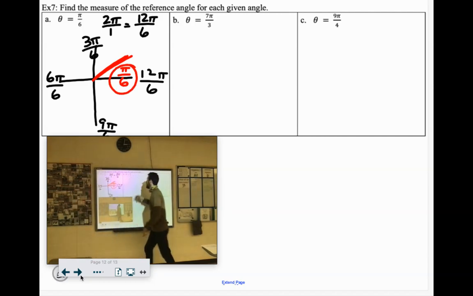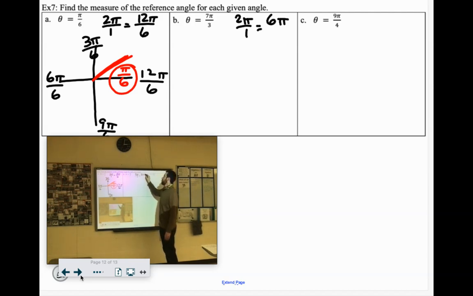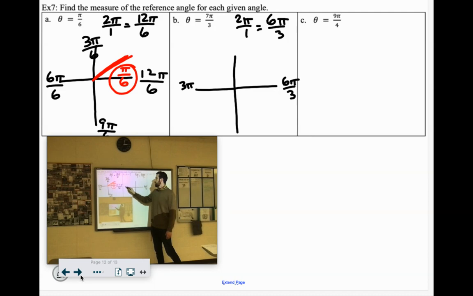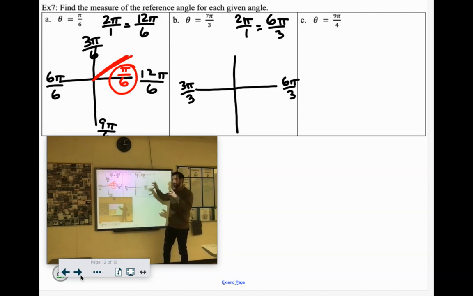Now if we are in thirds here, 2 pi over 1 represented as thirds would be 6 pi over 3 for a full rotation. So let's see, 6 pi over 3, 3 pi over 3, and half of that would be 1.5 pi over 3, which you could represent as 3 over 6 pi, but we don't want to start messing with changing denominators for this.